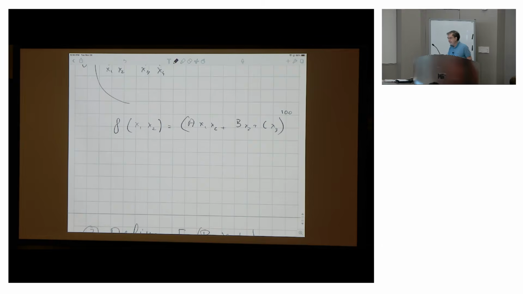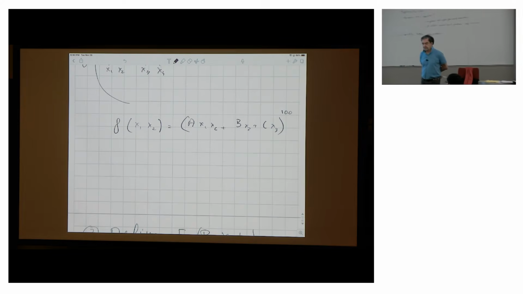The bound that we had for shallow networks in this case would be like 2 to the power 100. Well, apart from x1, x2, you will need at least 100 or so units, 101 or 102, right?